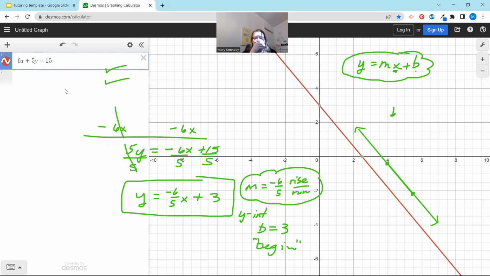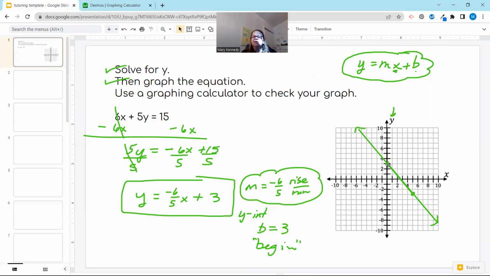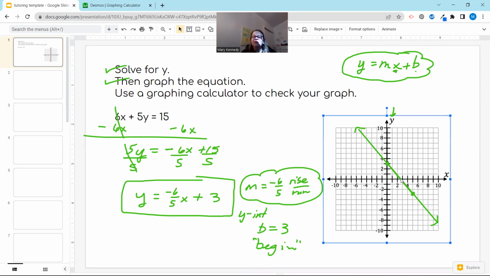I'm going to type it in exactly the way that it was. But let's also, and notice, ours appears that it's different, doesn't it? But let's look at 2.5, 0. So this 0, 3. Okay, let me go back to this. 0, 3. At about 2.5, it's here at 0. So yeah, it appears to be the same.